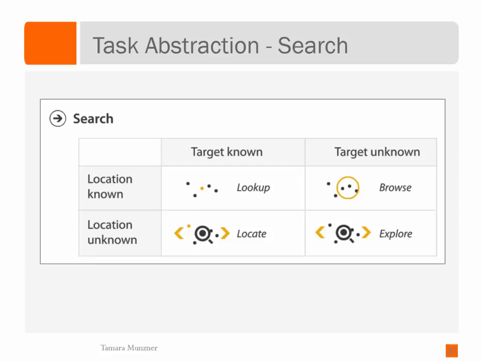My target is unknown, and my location is unknown. I'm just exploring around, seeing what I see, in contrast to when my target's known, I'm trying to locate some particular data element, even if I don't know where it is.